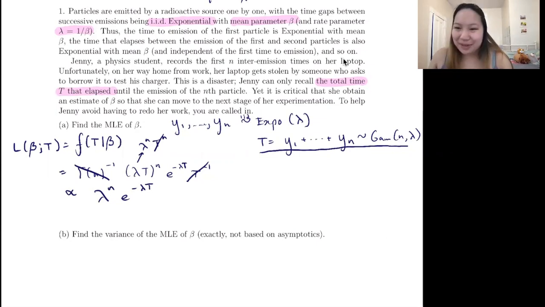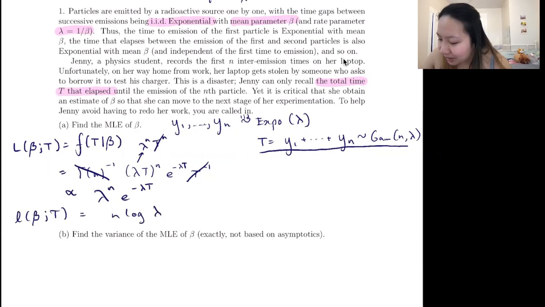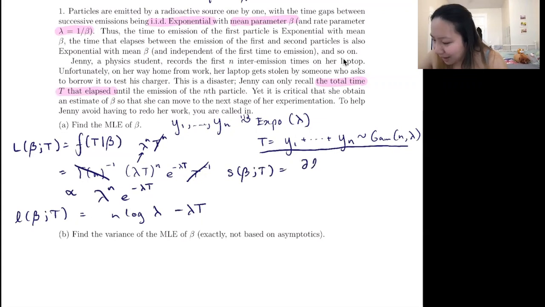Now, as usual, we're going to take the log to get the log likelihood. So the log of this given t is going to equal n log lambda minus lambda t. And then we're going to take the derivative. So our score function, which is equal to the partial of L with respect to beta. Now we have this in lambda, so I want to replace lambda with beta.